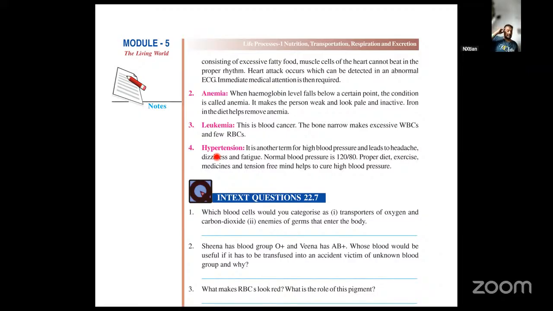Usually those who have hypertension have a headache on this side, and it can lead to a brain hemorrhage, in which this artery will burst and the blood will go into the brain, and you will die instantaneously.